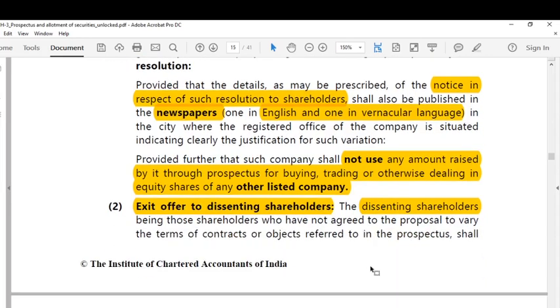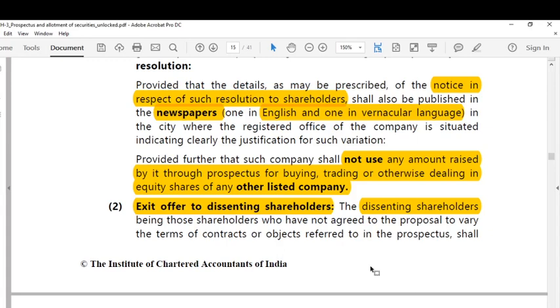And apart from that, if there are some shareholders who are not happy with the change in the objects of the prospectus, for all those shareholders the company has to give an exit offer. Thereby, all those shareholders will be paid back their investment in shares.